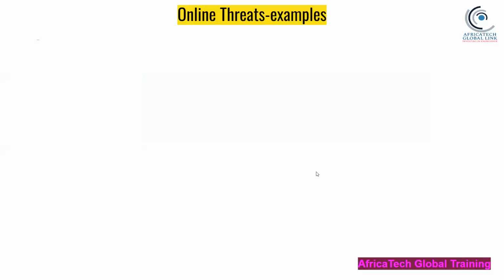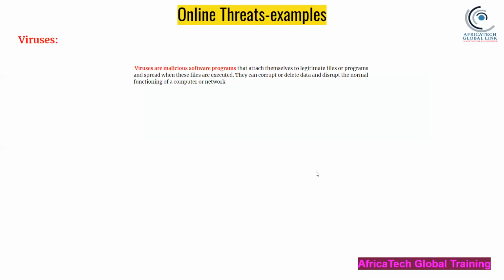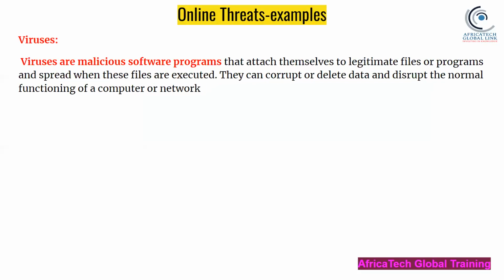Online threats, for example. Let's go. Viruses, right? Everybody knows the word virus. Even coronavirus, but we are not talking about coronavirus here, we are talking about computer viruses. Before, we were using a lot of antivirus. Now it's still there, but a lot of people are aware that they should not click everywhere.